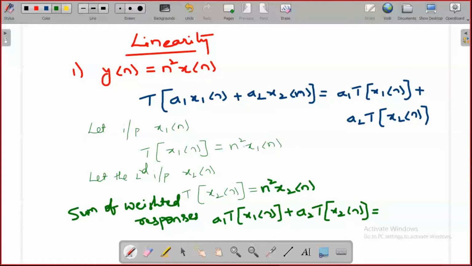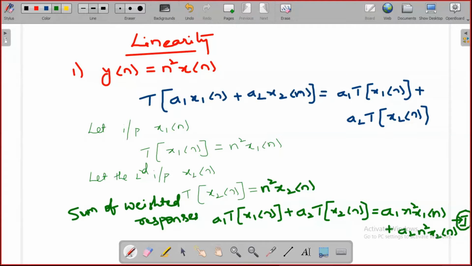What is the value? That is a1 into n square x1 of n plus a2 n square x2 of n. Let us say this is equation 1. Okay, the right side of your condition is completed.